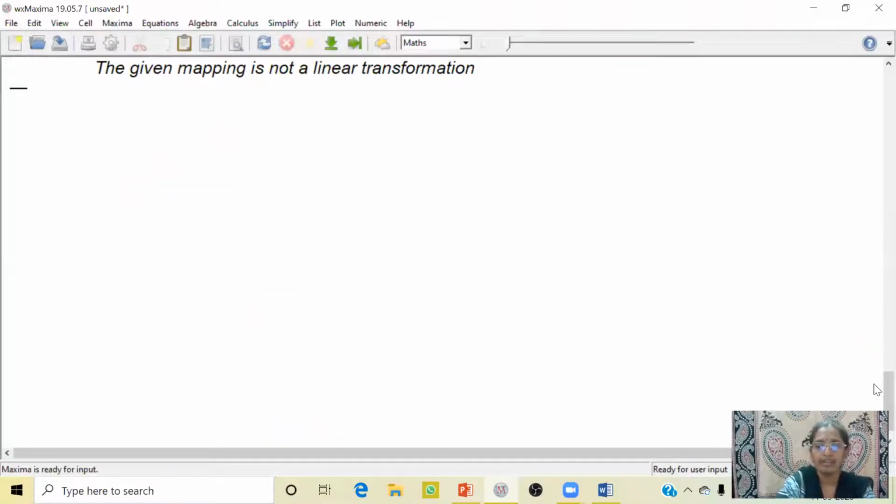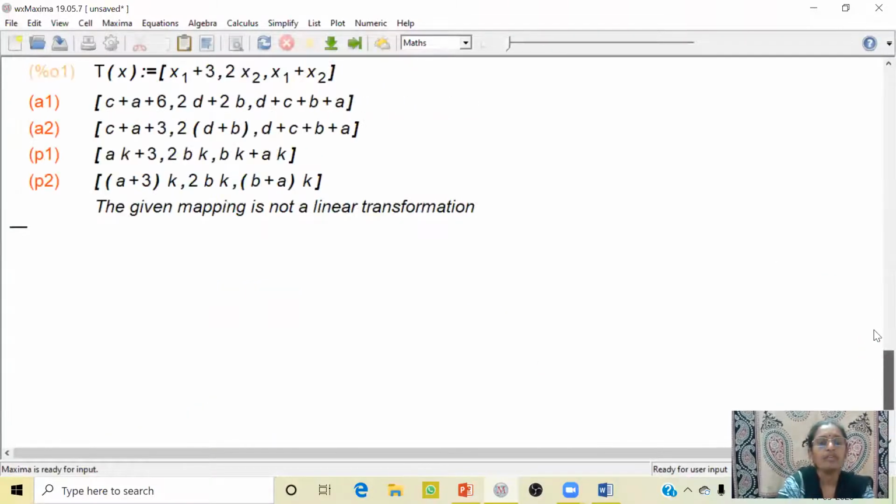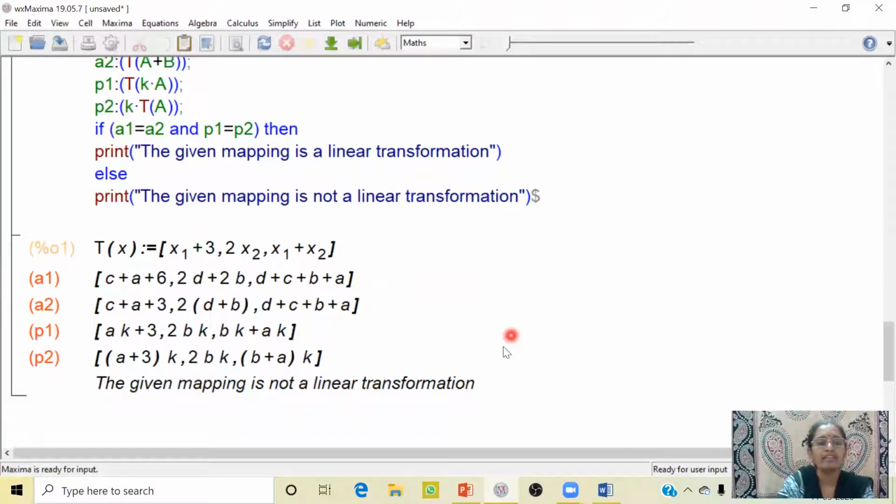So you're going to get the output, and it says that the mapping is not a linear transformation. Actually, it is not a linear transformation. Whereas when you look into this A2 here, it is not multiplied by 2 over here. And here in P1, K is not removed as a common factor.